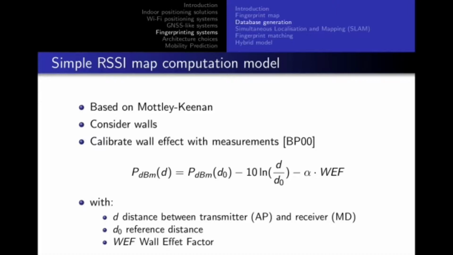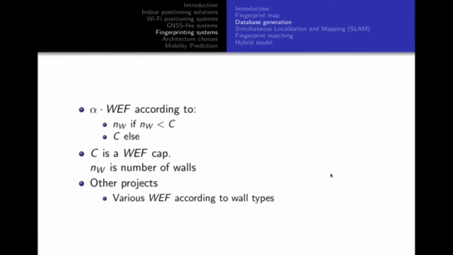So basically the formula says that your RSSI for a given distance d, which is between the access point and the mobile device, is equal to the RSSI for a reference distance d0, something you already really measured, minus 10 logarithm of d over d0 minus alpha multiplied by a wall effect factor, which is defined here.